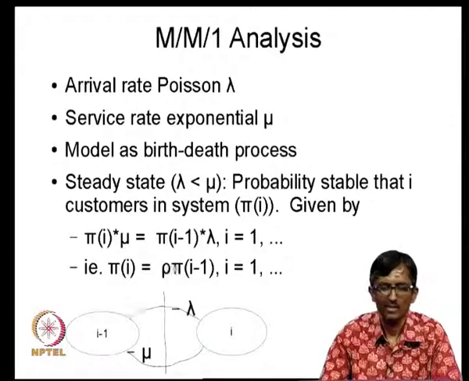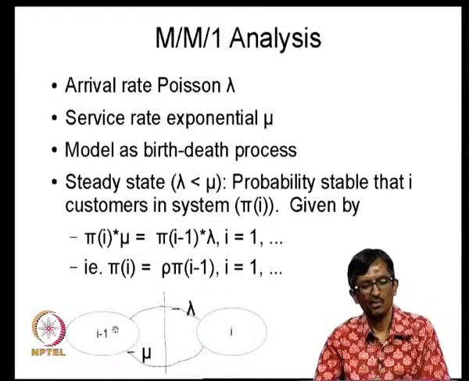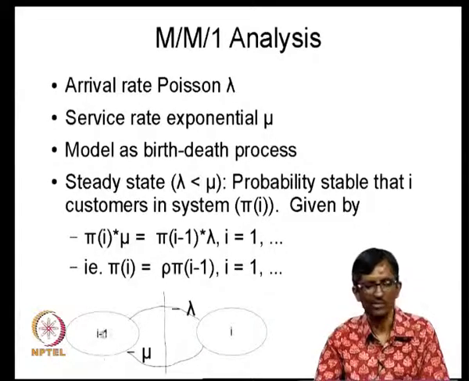So basically the probability that I am here is pi i minus 1, and multiplying that with lambda should be equal to the probability of the system being here multiplied by mu. If n is the number of customers, and pi i minus 1 is the probability of being in that state, then n times pi i minus 1 is the number of customers here, and this will be pi of i times n.